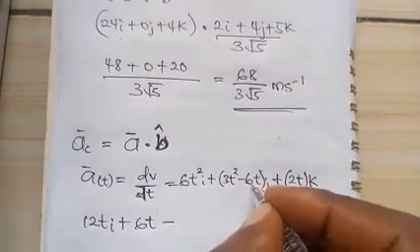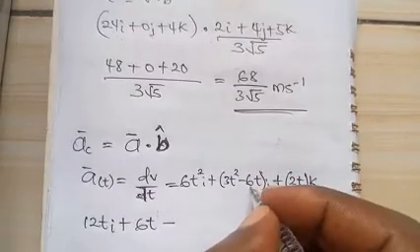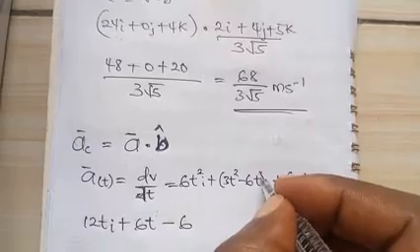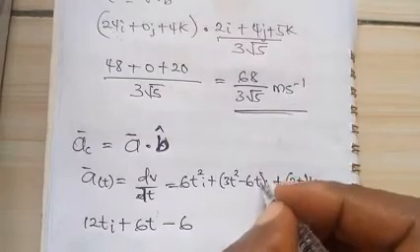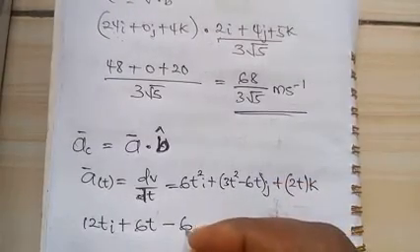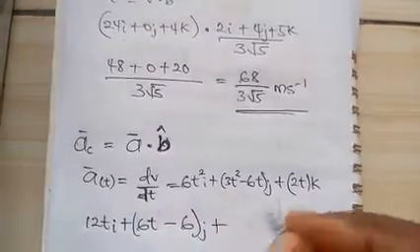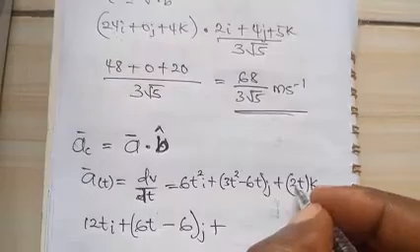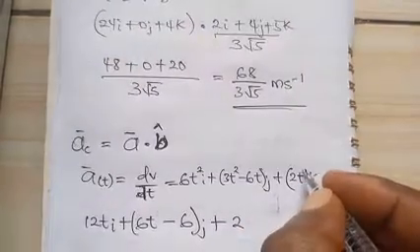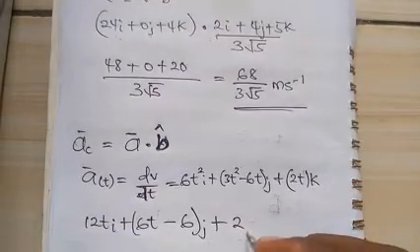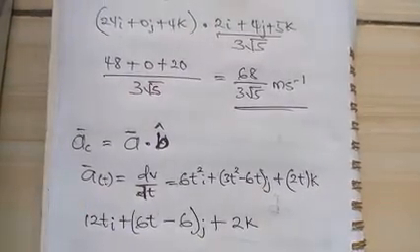Minus 6: 1 minus 1 is 0, and anything raised to power 0 is 1, so 1 times 6 is still 6, okay, so this is j. Now for k, 1 times 2 will give us 2, 1 minus 1 gives 0, and anything raised to power 0 is 1, so only 2 here for k. That is what we have.